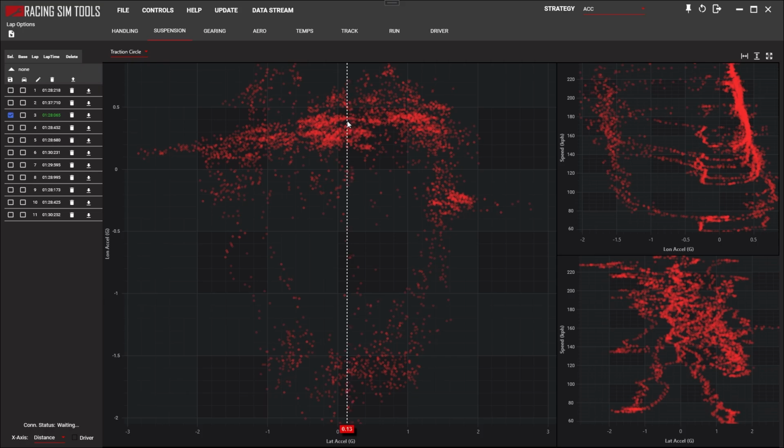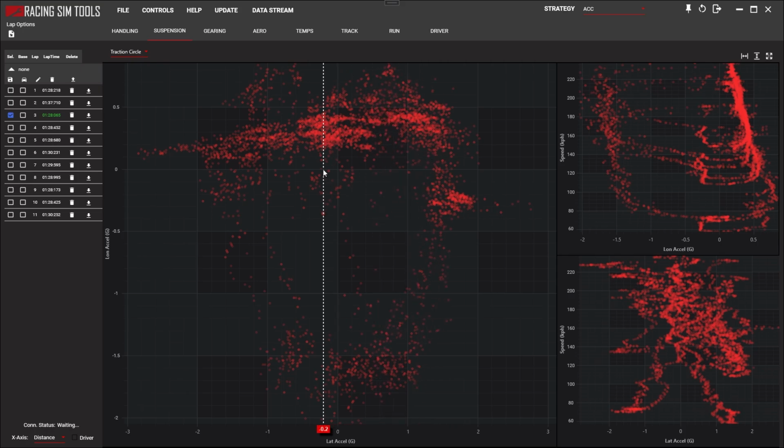So one thing I want to point out with the traction circle is it also allows us to understand if setups are giving us more grip or less grip. If you think of this traction circle, the idea is you want to make it as wide as possible. The wider this traction circle is, or the greater the radius is, the more G's you're going to pull cornering through the corners, which ideally means you're carrying more speed, which means lower lap times.